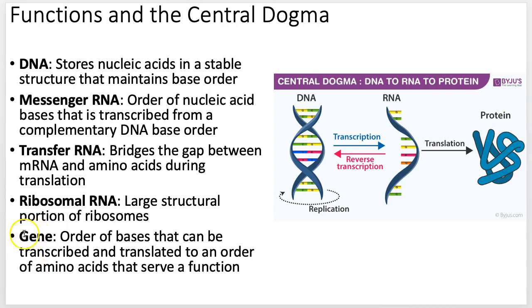Okay. Now, you could also argue that there are non-coding portions of DNA, and you could organize those into chunks, and you could argue that those are also genes. But it's basically like, if DNA is maintaining base order, if I start narrowing it down, like, oh, this chunk of 400 nucleic acids in this DNA forms this protein when I go via RNA.